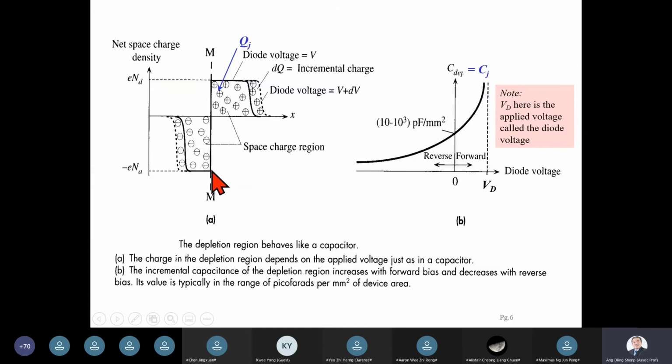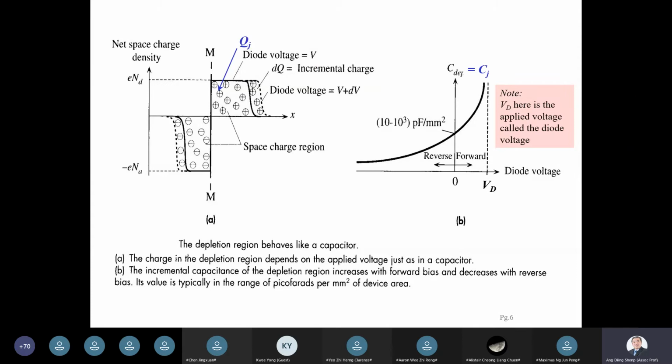Now imagine there is already a bias applied to the PN junction. The PN junction stores some amount of space charge, positive on the N and negative on the P, and the amount of space charge stored is represented by Qj, corresponding to the voltage you apply. For the convenience of discussion, just assume that this is a reverse bias voltage, although this assumption is not necessary.